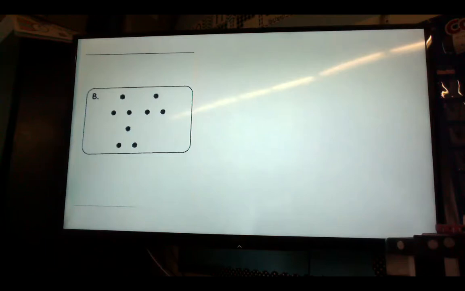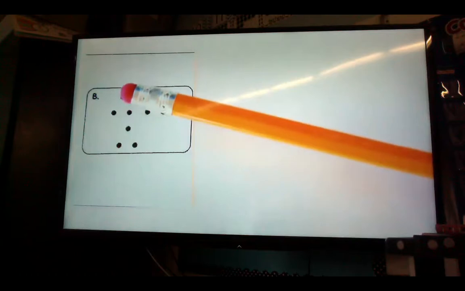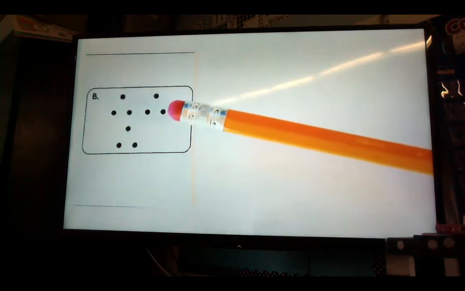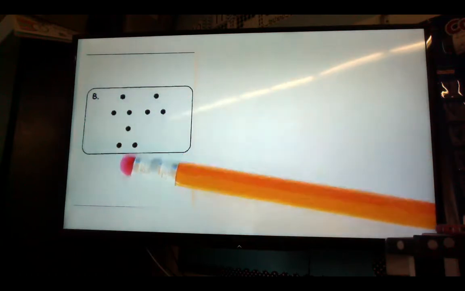You might have said, I see 9 dots. Give me a thumbs up if that's what you said. You might have said, I see 3 dots and 3 dots and 3 dots.